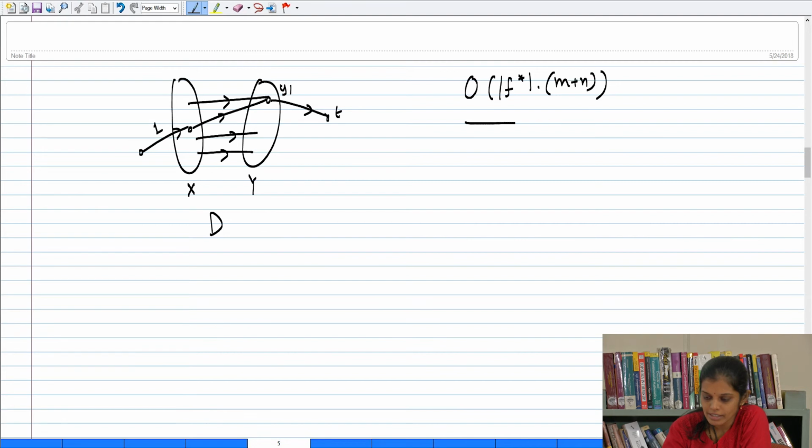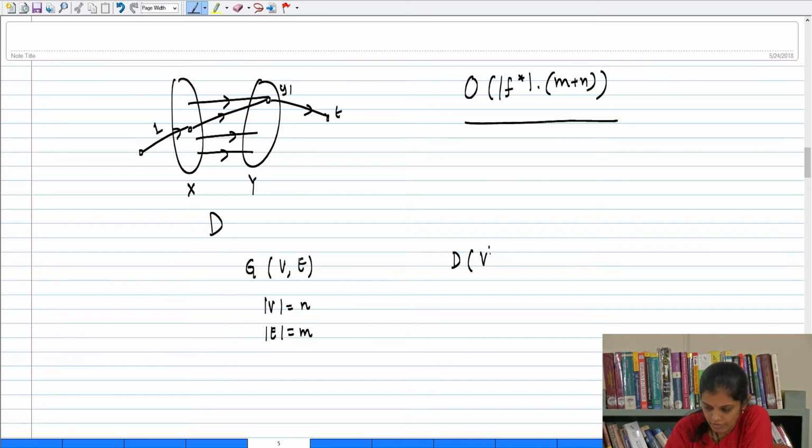So to make the distinction clear, we will say that G equals (V, E), which is a bipartite graph, has V equal to n, E equal to m, and we will call the flow network V prime, E prime. We need to ask what is the size of V prime in terms of V. That is simple.